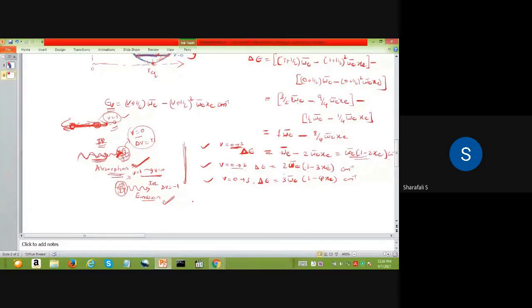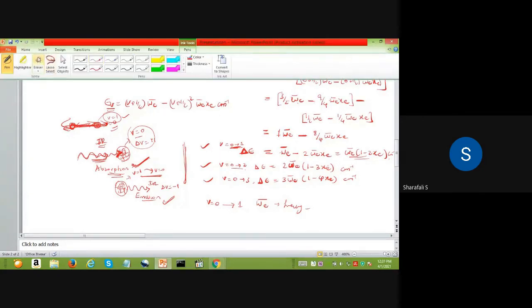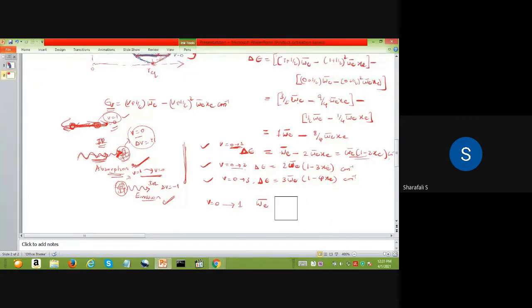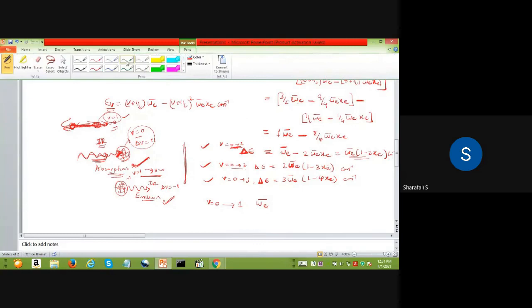When you consider the V equal to 0 to 1 case, we have the frequency of vibration which is almost equal to omega_e bar. This is the frequency of vibration associated with that particular transition, or the energy difference between those energy levels.